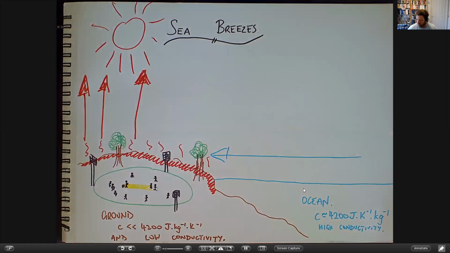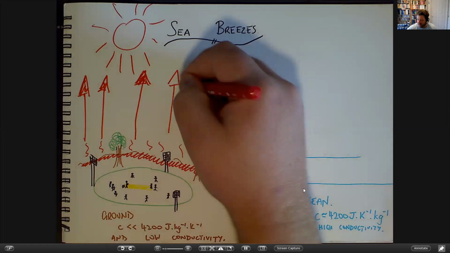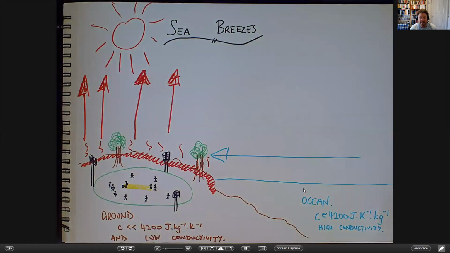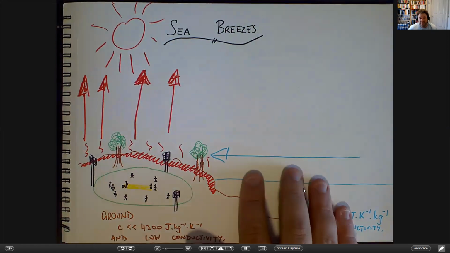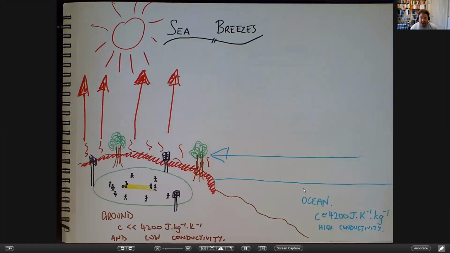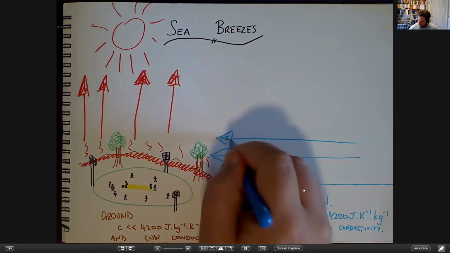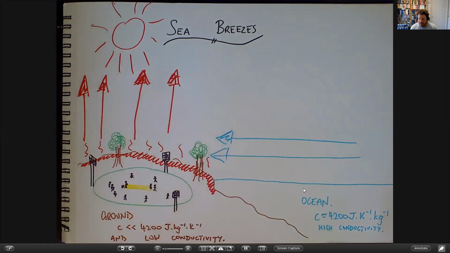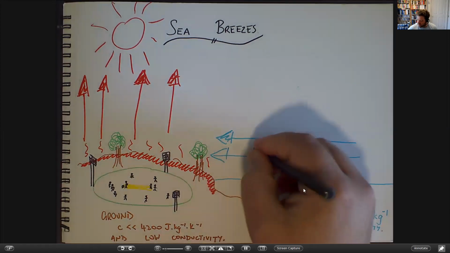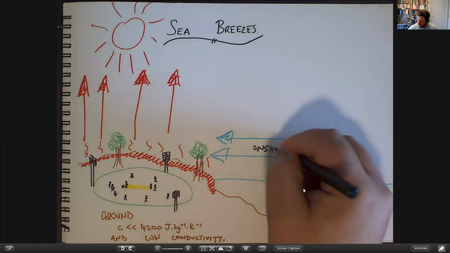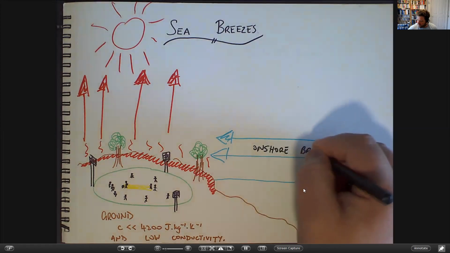You've got a little pocket where that air is now missing. So what happens is the air that was above the ocean comes rushing inwards to fill that gap. So this is what we call an onshore breeze.